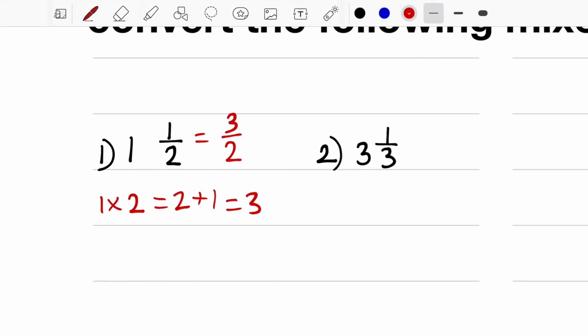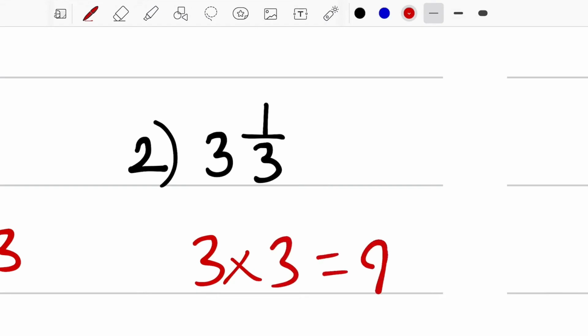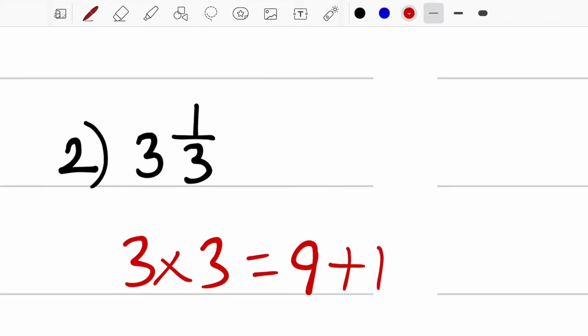So let's try that again. Whole number multiplied by denominator plus numerator. So that's 3 multiplied by 3. 3 times 3 is 9. And then 9 plus 1, we know that's 10. So we put 10 over the denominator.